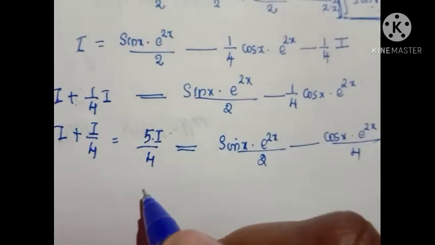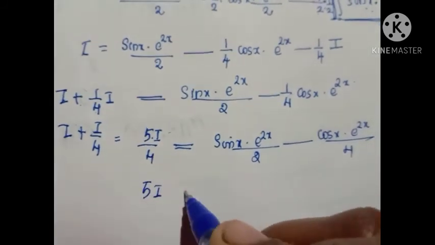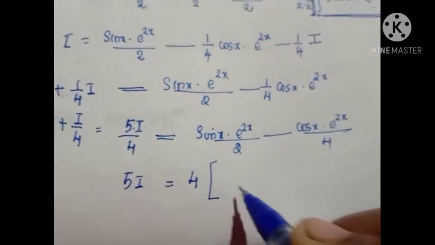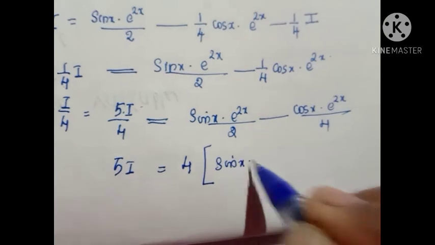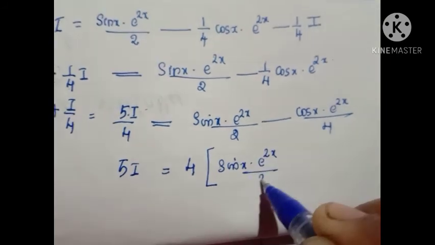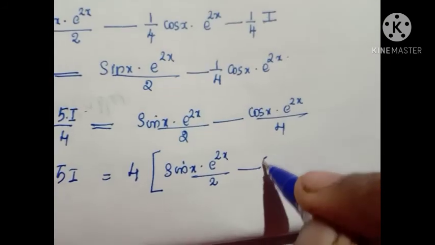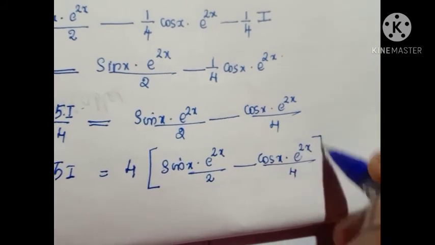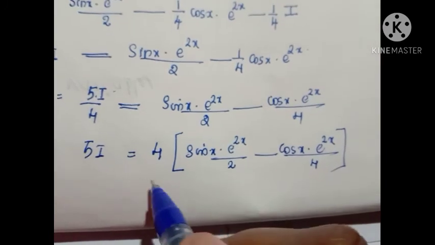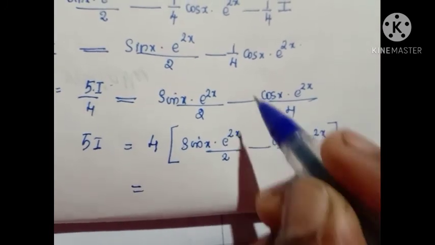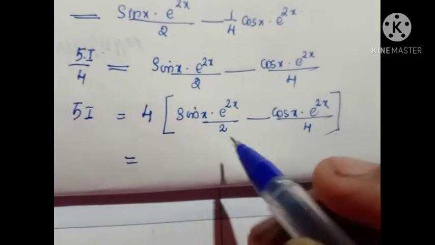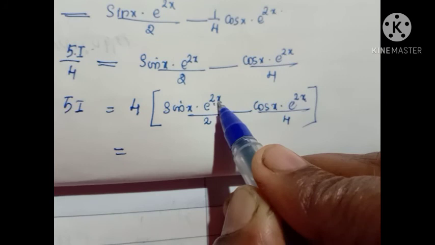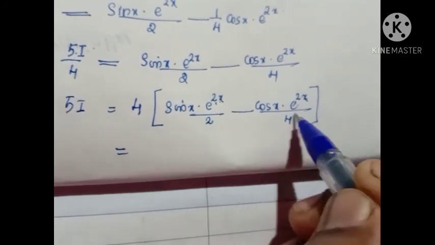Okay, from here what is 5I? So the 4 in the denominator goes across and becomes multiplication: 4 into sin x into e raised to 2x by 2 minus cos x into e raised to 2x by 4. Okay. So from here only a simplification is going on. See here e raised to 2x is common, isn't it? e raised to 2x is common. By 2 is common.